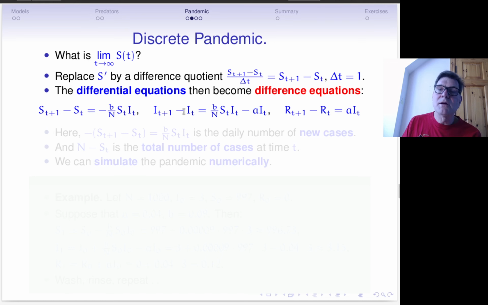I at t plus 1 minus I at t is a differential equation expressed in terms of yesterday's values, or R at t, the number of recovered people today, minus the total number recovered yesterday.